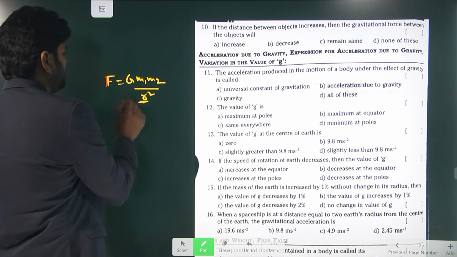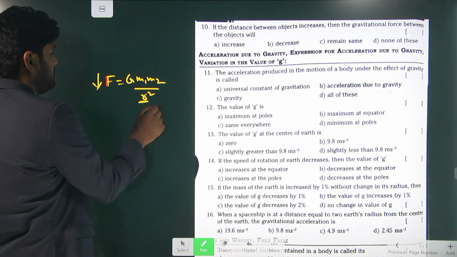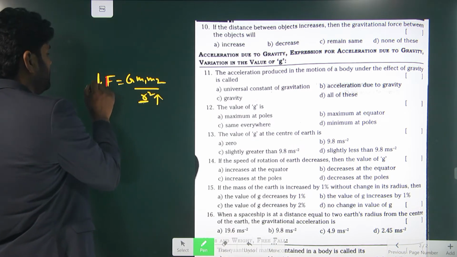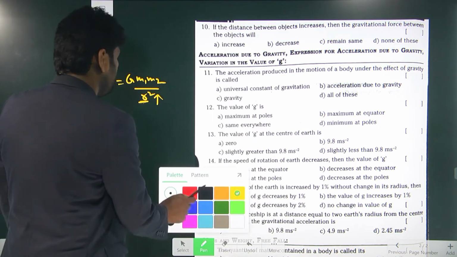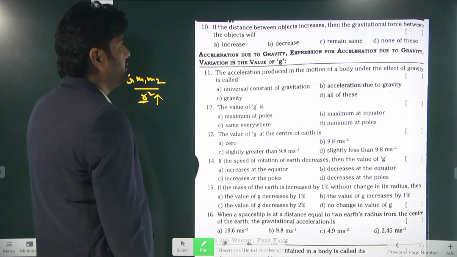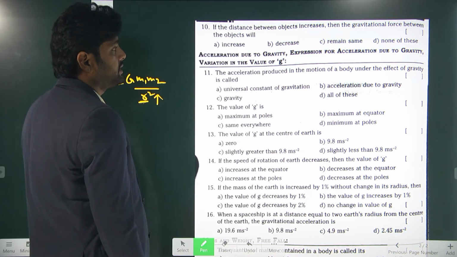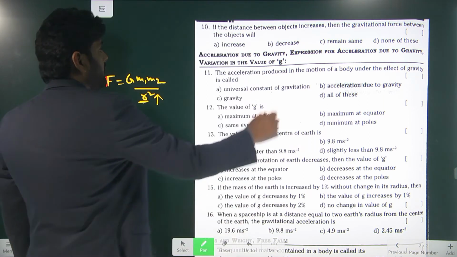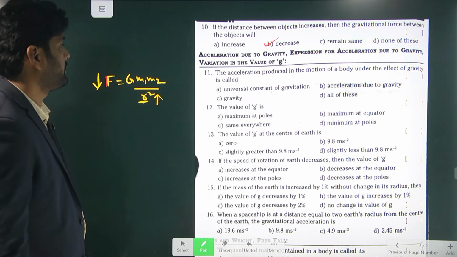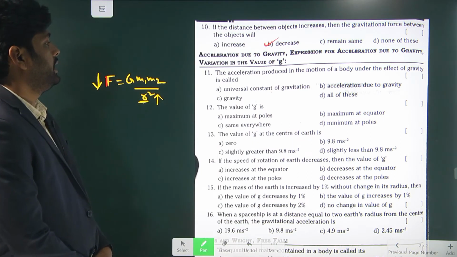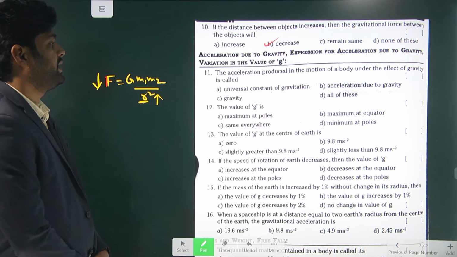So when r increases, F decreases. The answer is: if the distance between the objects increases, the gravitational force between the objects decreases.